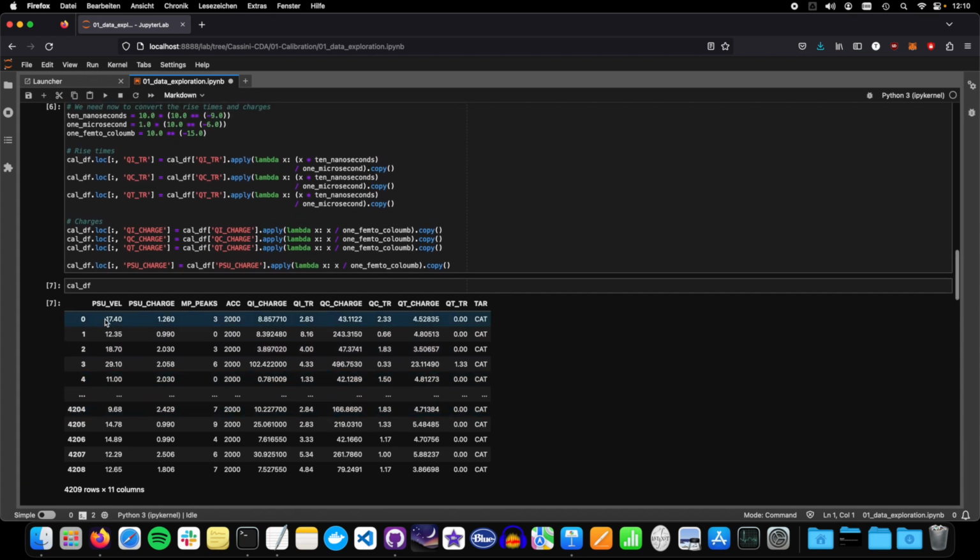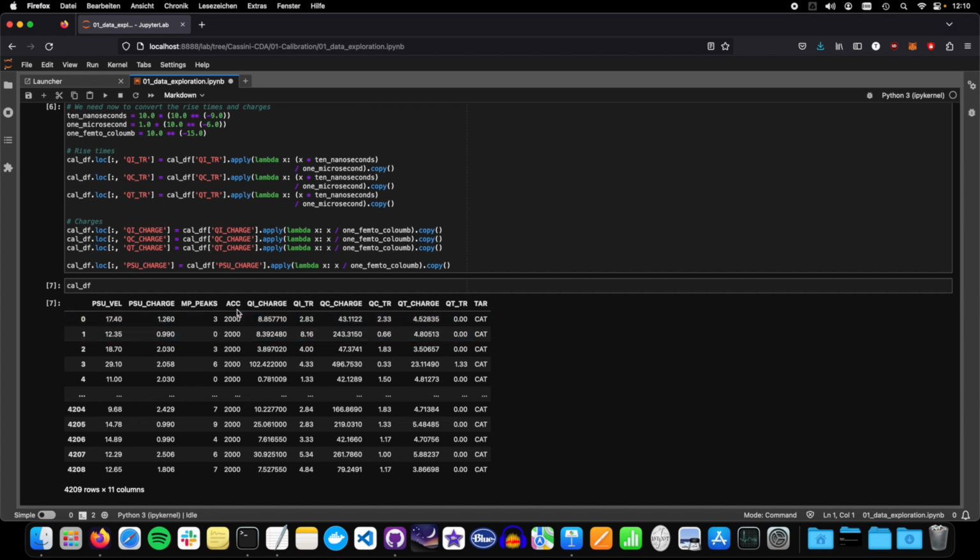And we see the velocity of the PSU in kilometers per second, the charge in femtocoulomb. You see we have now reasonable values, you know, they are not too large or too small. It's quite nice to see that everything scatters around these femtocoulomb values. We have the number of peaks in the third column.